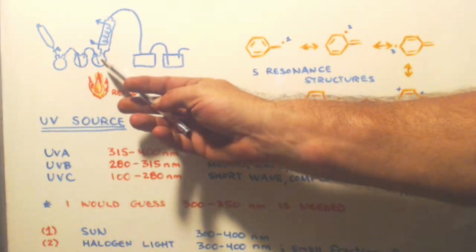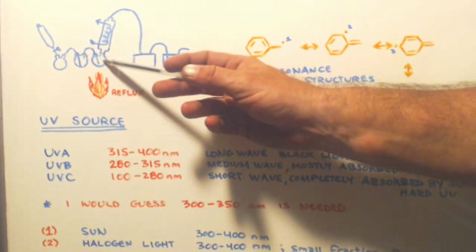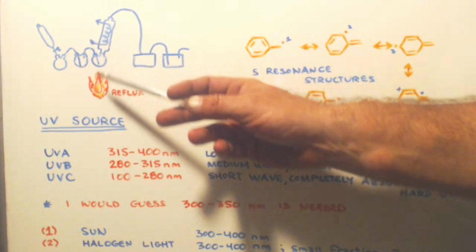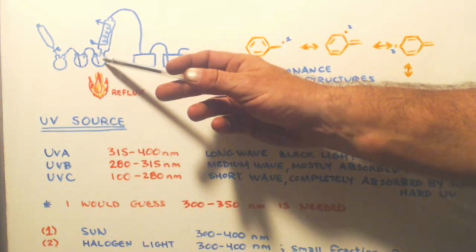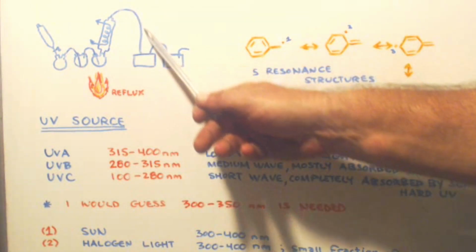So you have this boiling, you have your chlorine coming in, and then you'd have some kind of UV source putting ultraviolet light on there to do the reaction and make the chlorine into free radicals. And you can see I have a little tube here going into it.